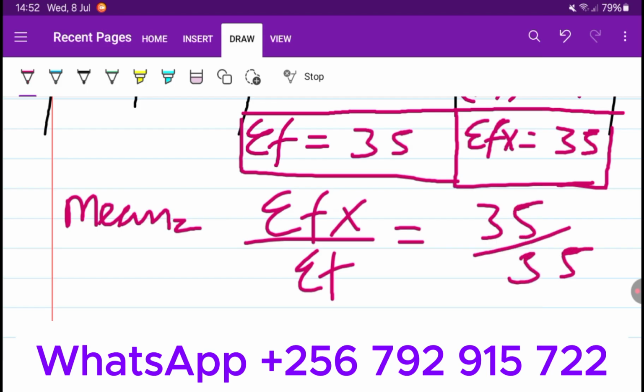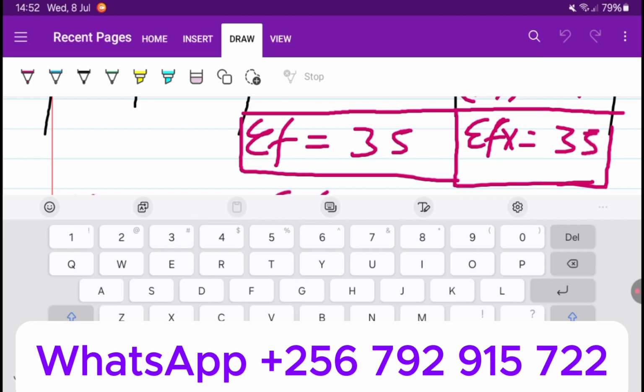That gives you a 1. Now, how do we conclude? What is the interpretation of this? The interpretation is that on average, one kid or one child goes to school per family. And that's what I had explained to you earlier.